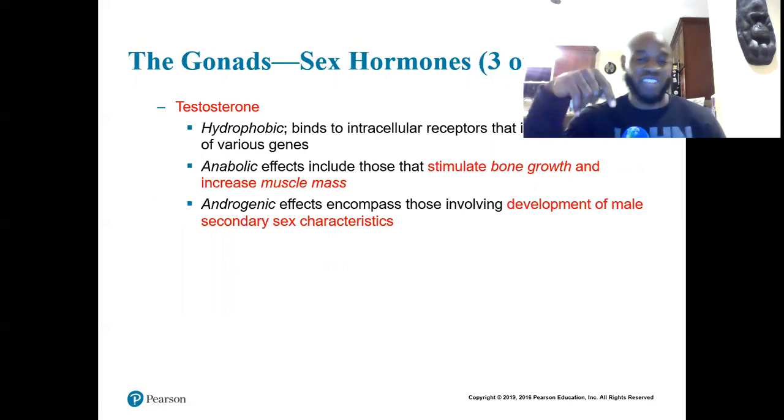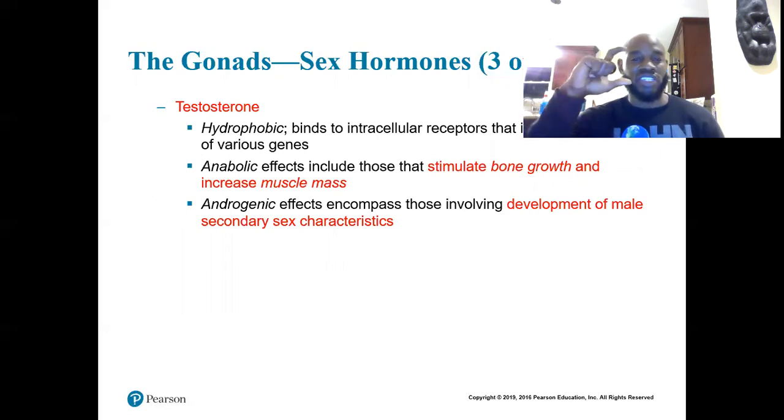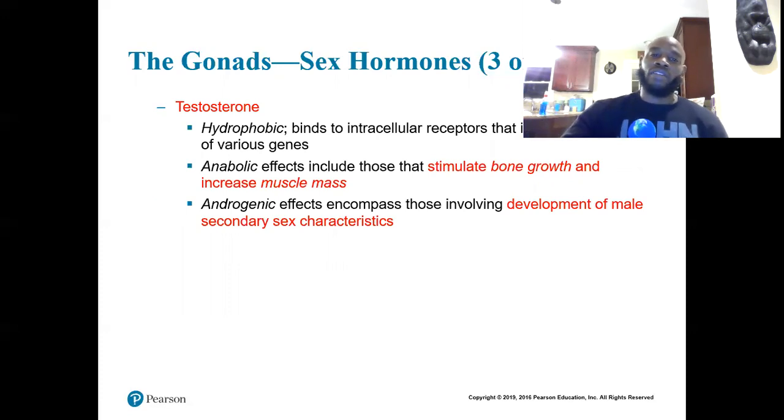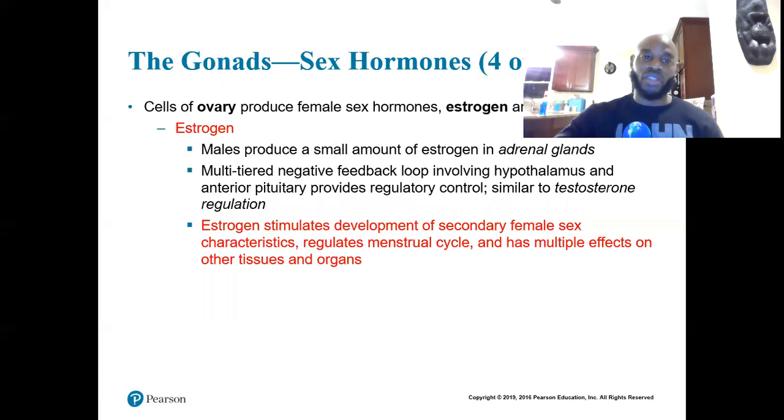So it passes through the plasma membrane and affects the DNA, affecting different gene expression. Testosterone can help stimulate bone growth and muscle mass, and also the development of male secondary characteristics. That's one of the things that makes males male.